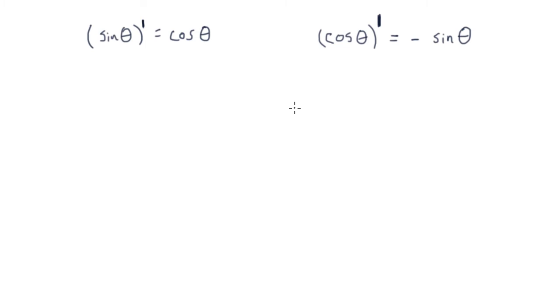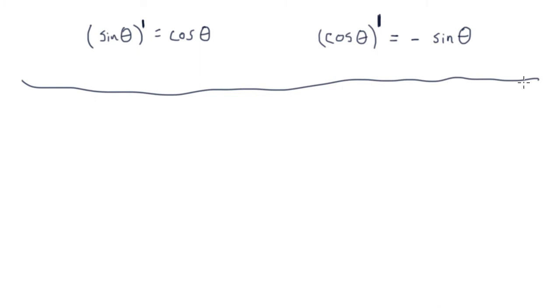But recall that the rest of the trigonometric functions are defined as either products or quotients of sine and cosine. So let's think for a second. How could we figure out the rest of the derivatives of the trig functions? Let's think about tangent theta.